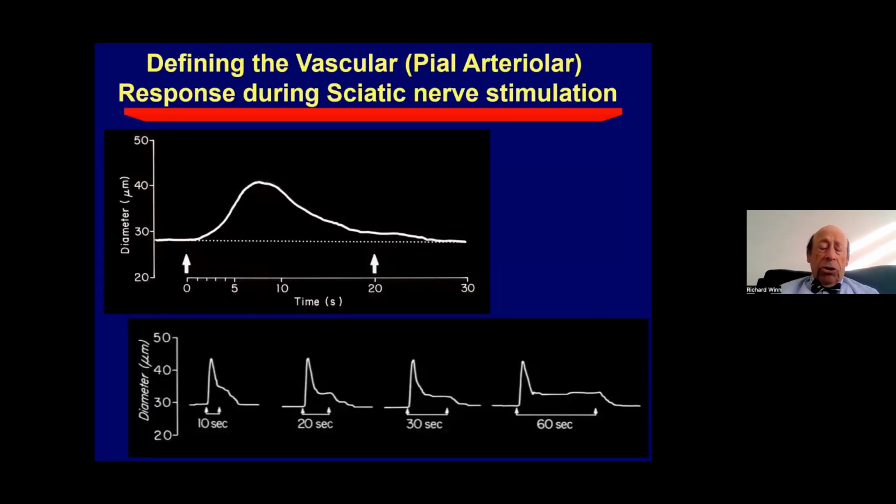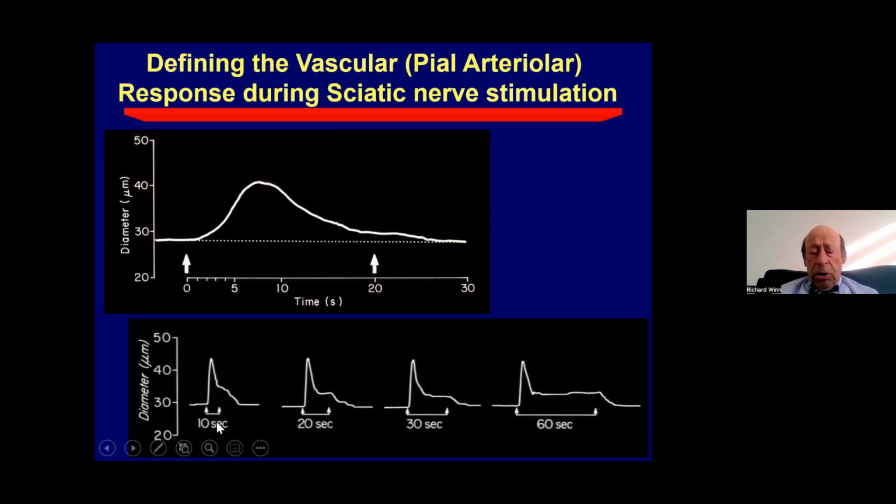And this then shows the vascular response in a 40 micron vessel. And this is a fast paper speed. So you see it's a 20-second stimulation, takes a few seconds for us to show statistically that the artery is dilating, and it peaks and then returns to baseline.